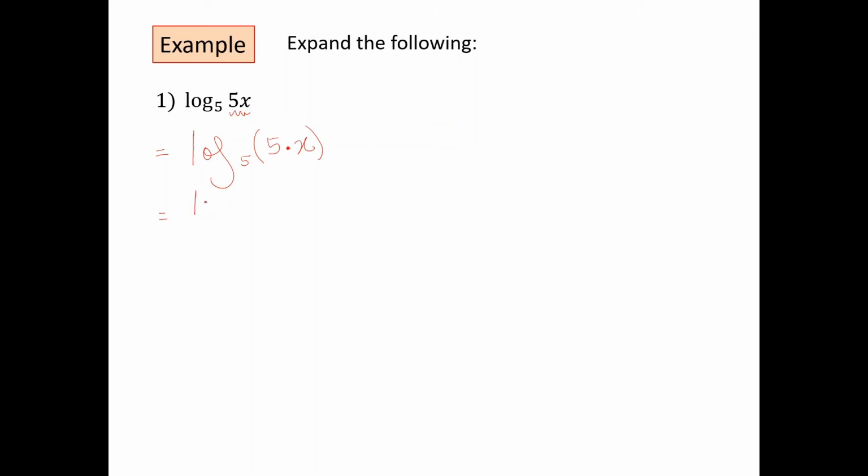So apply law number 1, we will have log 5 base 5 plus log x base 5. So apply property of indices, log 5 base 5 equal to 1 plus log x base 5. That is the answer.